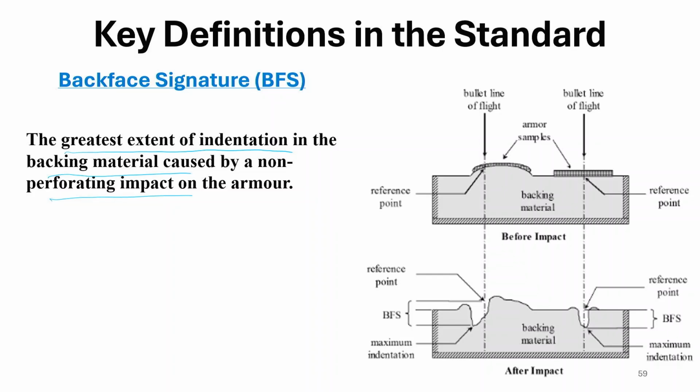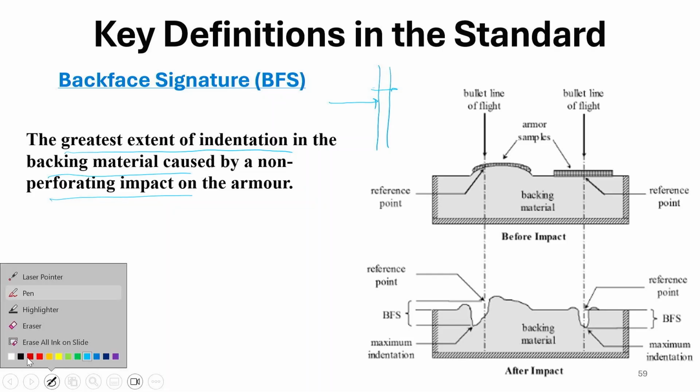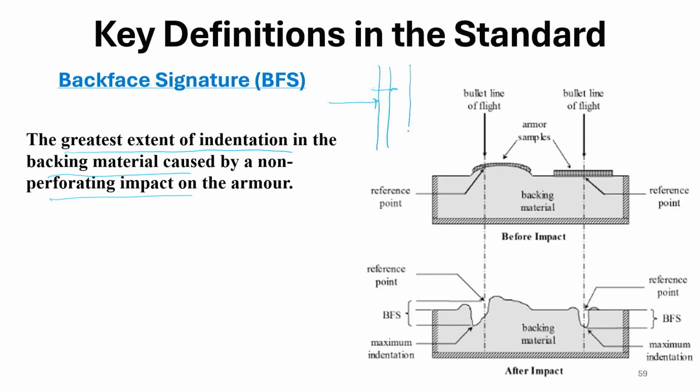As I have already mentioned, this is armor. When there is a hit, and it is not perforating, still due to the impact there will be deflection, and this deflection is captured by the soft backing material.